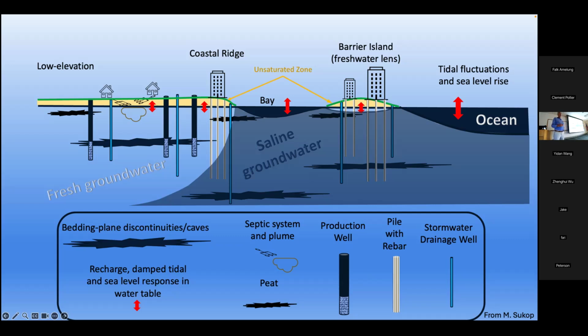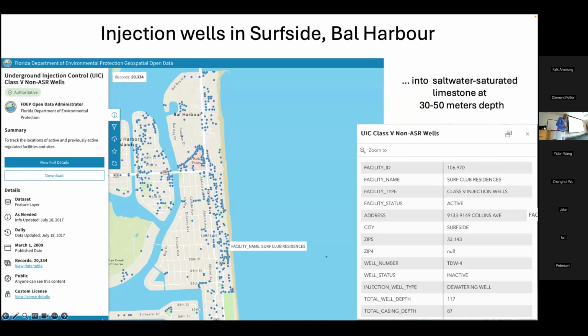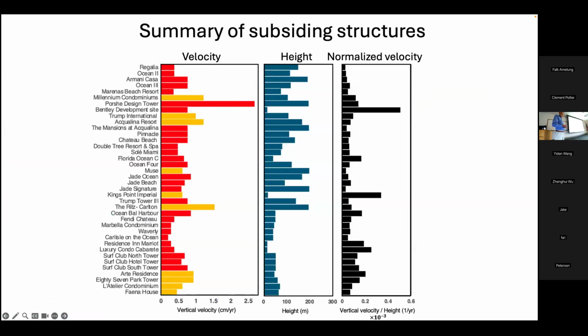Limestone dissolution is supposed to be very slow, at rates that are hardly detectable, but it's imaginable that if you're putting a heavy building on top of it, and then you have limestone dissolution underneath, this contributes to the subsidence rates that we see. And these injection wells, there are plenty of them. Each high-rise has a couple of them. They are injecting into a depth of something like 120 or 150 feet, 30 to 50 meters.